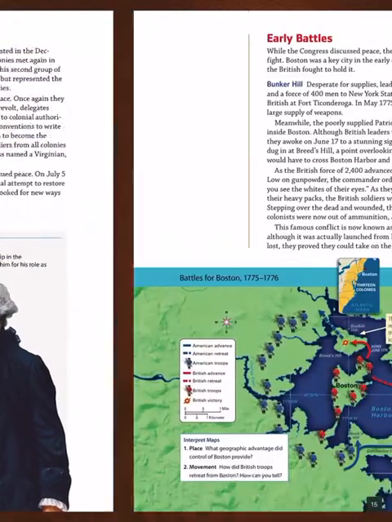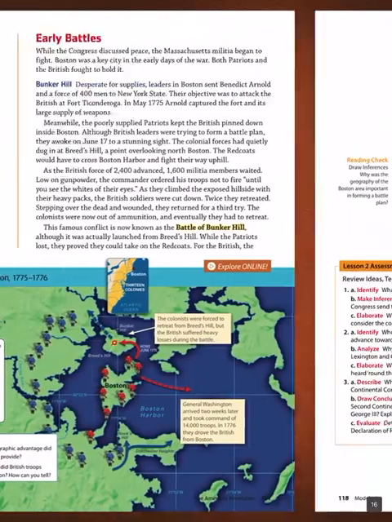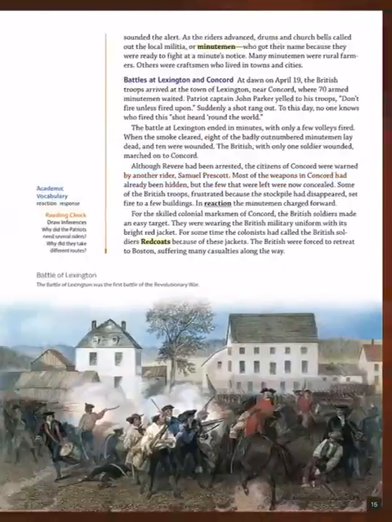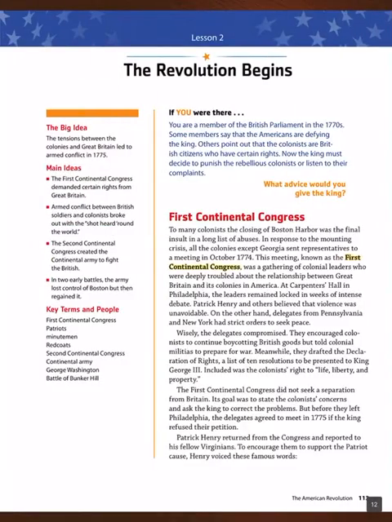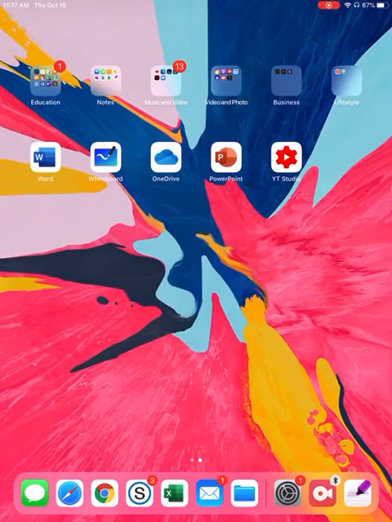Lesson 2 is going to answer that and talk about some of the early battles of the war. After you watch the Brain Pop video and read through Module 4, Lesson 2, go ahead and open up your organizer.